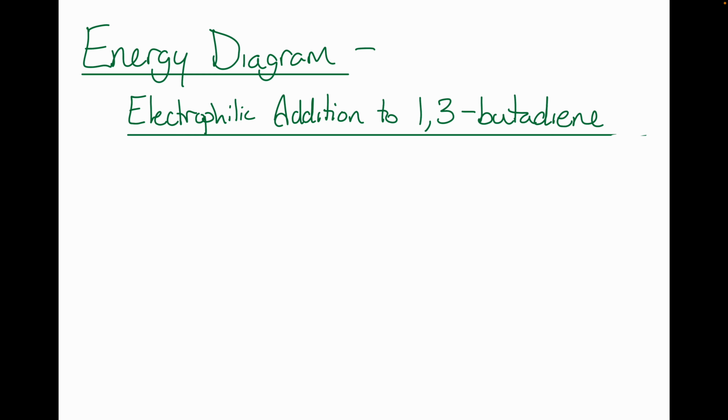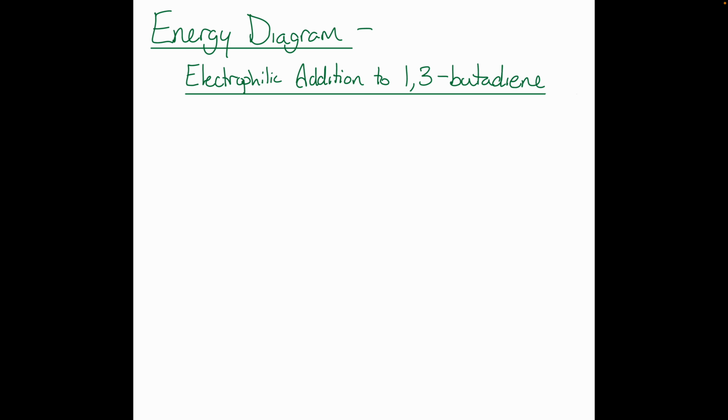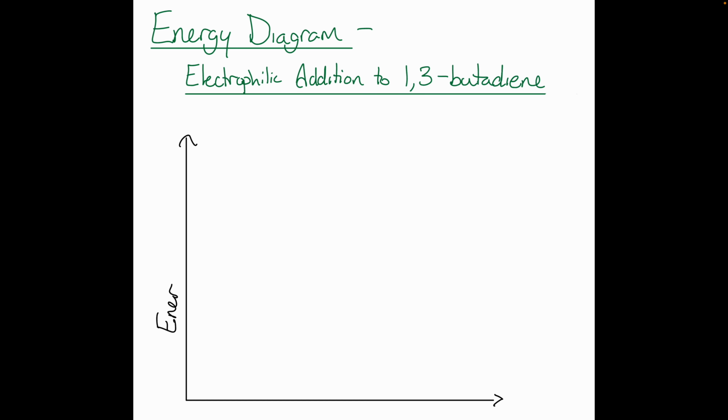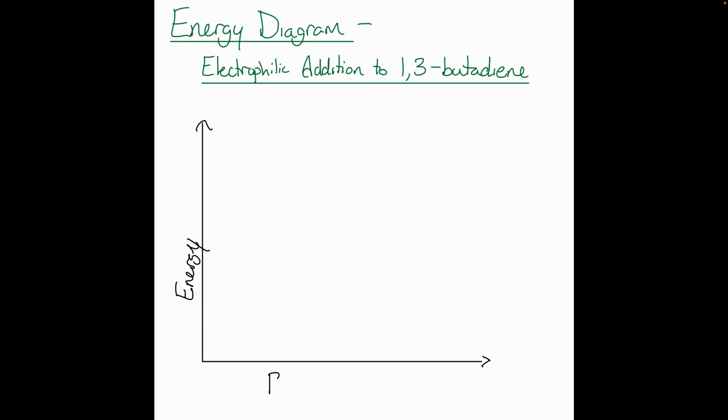Okay, what do I mean by energy diagram? So we're going to make this graph, where on the y-axis we have energy, and on the x-axis we have reaction coordinates.